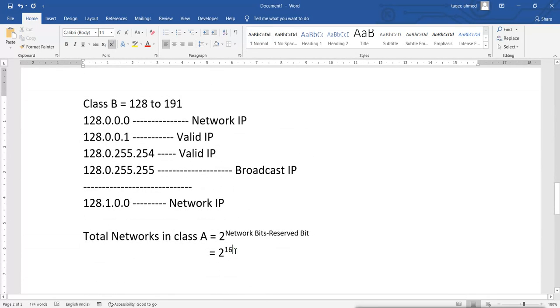So from 16 I have to subtract 2 to get the real value for class B networks.